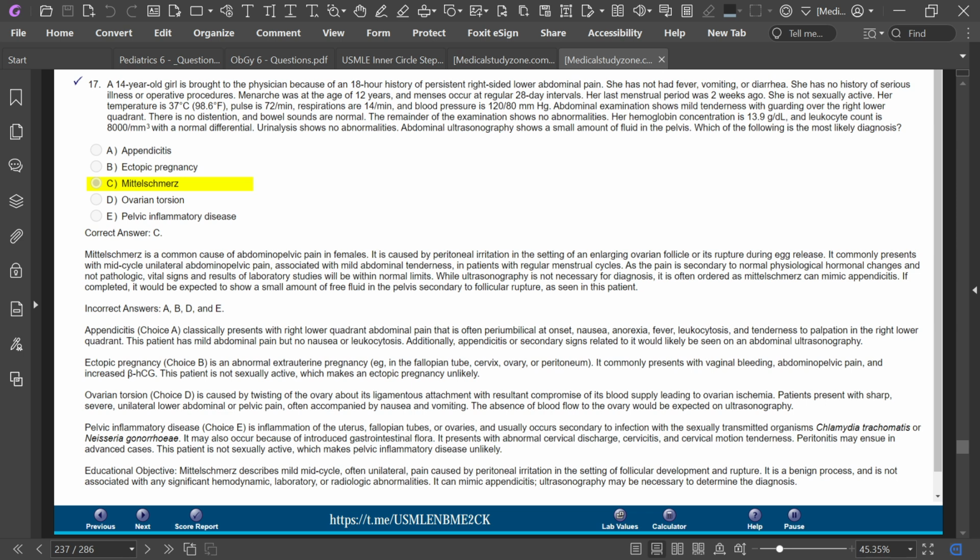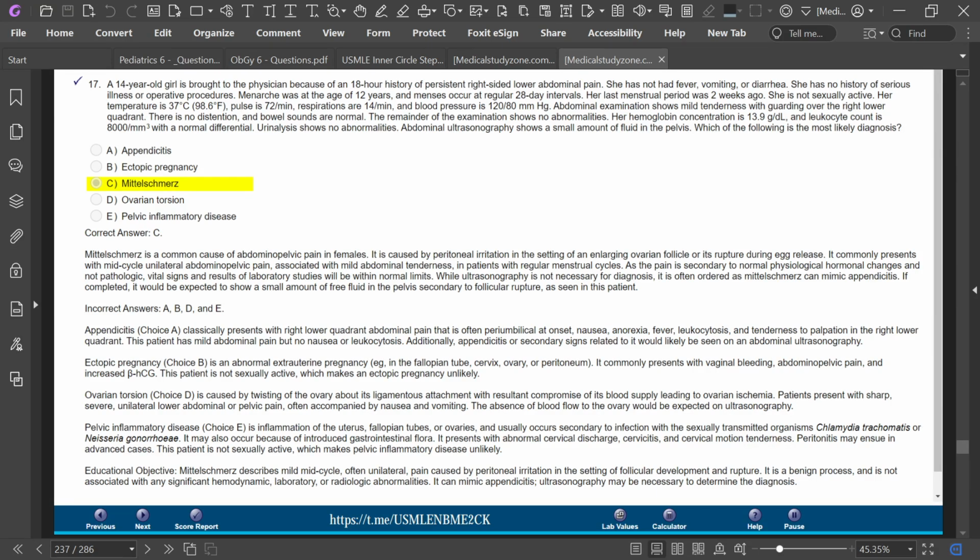Mittelschmerz is a common cause of abdominopelvic pain in females and is caused by peritoneal irritation from an enlarging ovarian follicle or its rupture during egg release.